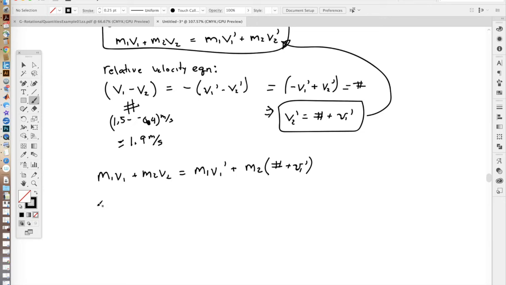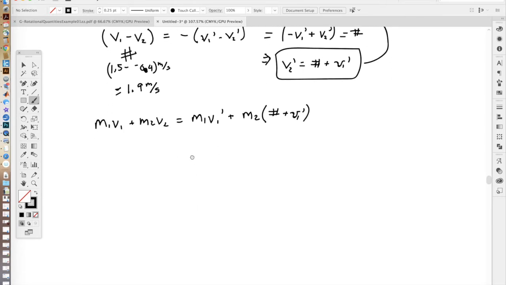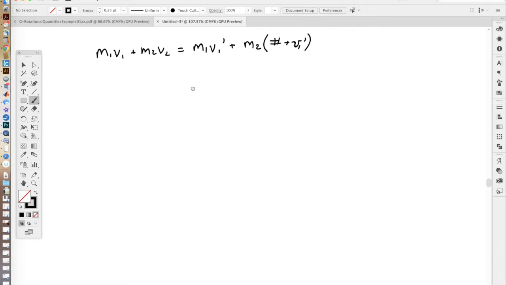So we're going to isolate v1 prime because that's the thing we're trying to solve for. So we'll expand this out a little bit. I'm going to move this up now that we've substituted that in. We're going to start with this, which we got from substituting our relative velocity equation into our conservation of momentum equation. Let me rewrite the right-hand side a little bit.